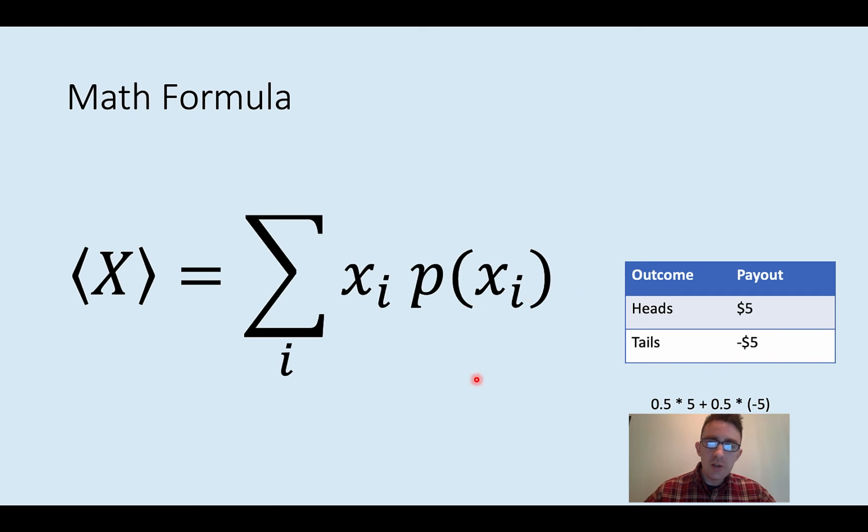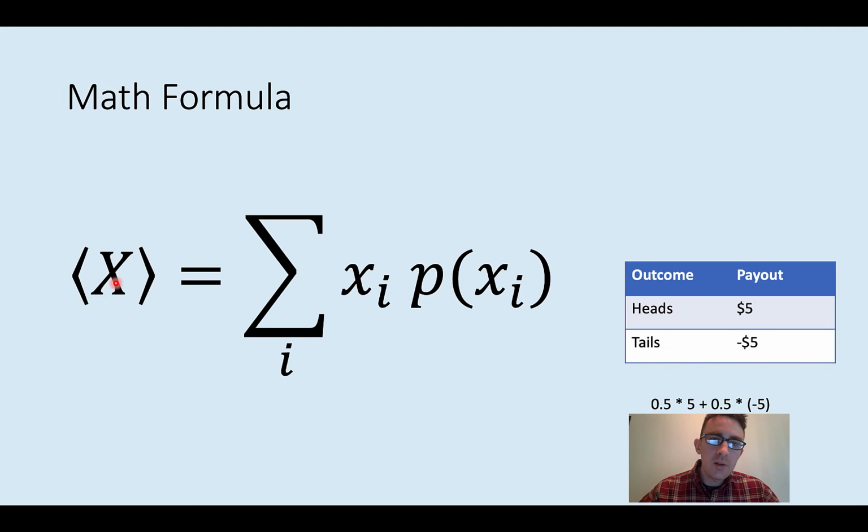And this is the math formula. I want this to be as intuitive as possible, so I don't want to give you a bunch of confusing notation. But if you see this formula, it's just writing down mathematically, in a formal way, how to do the computations we just did. If you have some random variable x, it's a convention to talk about the specific values that random variable can take using the lowercase letter of the random variable.